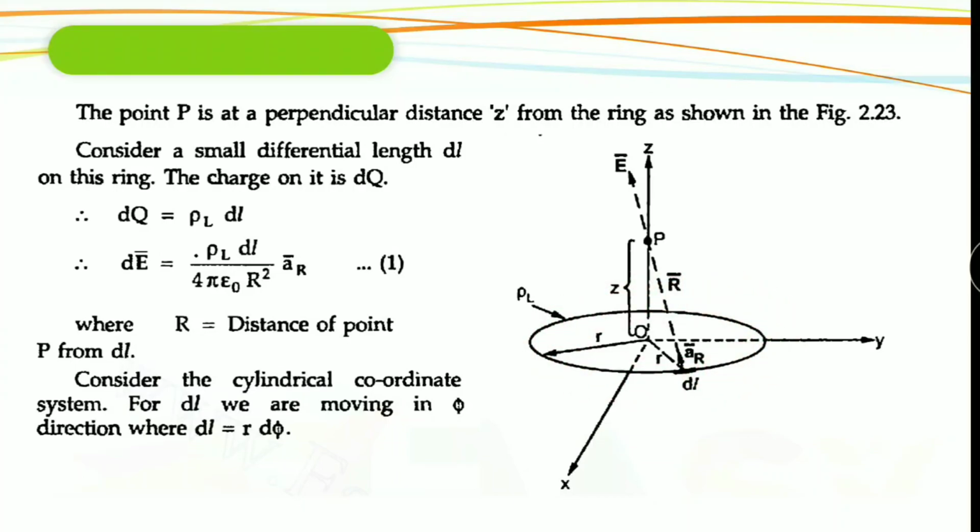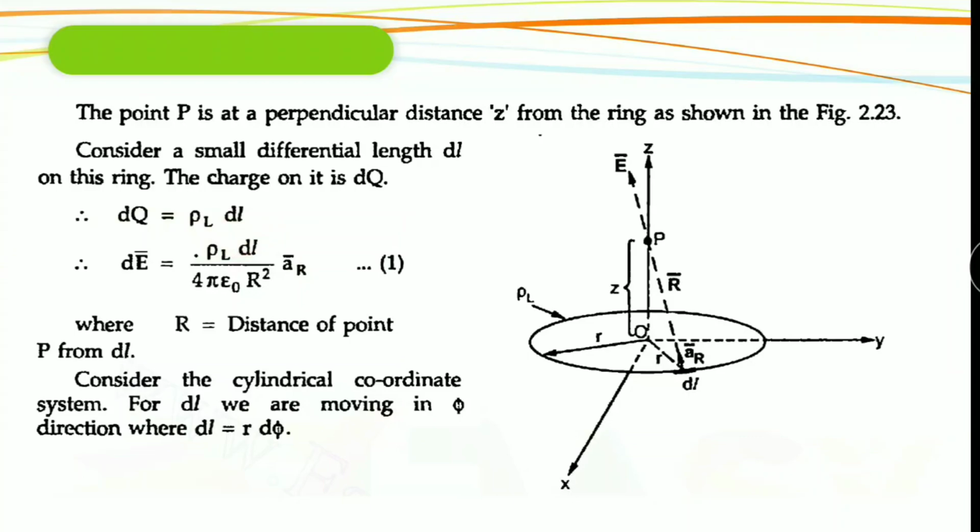That is our aim. For this we have to assume a smallest length, a differential length dl of the ring, and the charge on this differential length is assumed as dq. According to the definition of line charge distribution, dq is equal to rho L dl.